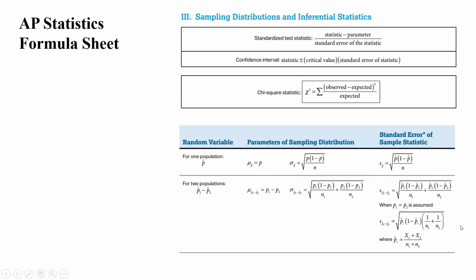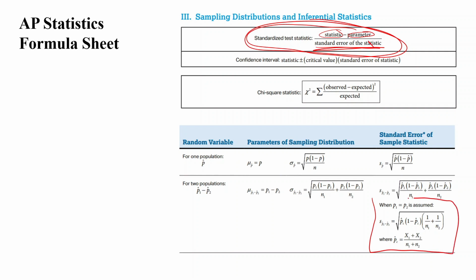On the AP Stat formula sheet, again, the standardized test statistic is right here, okay? So we have that statistic, our parameter is 0, and then remember for our standardized test statistic, we're not looking at the standard error of the statistic, we are looking at the pooled proportion, and that's where this piece down here comes in. So for two populations, remember we use this for our confidence interval, but when p1 equals p2 is assumed, which it is in a significance test, then we use this as our standard error for our p hat sub 1 minus p hat sub 2.